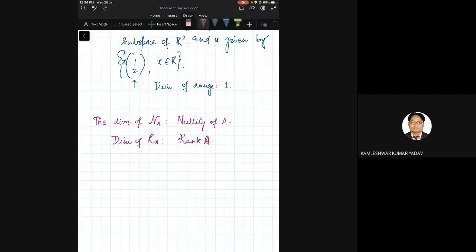Now, similarly, we said that if you have A and null space of A, you have something called as null space of A transpose. Similarly, if you have range of A, you also have a range of A transpose.